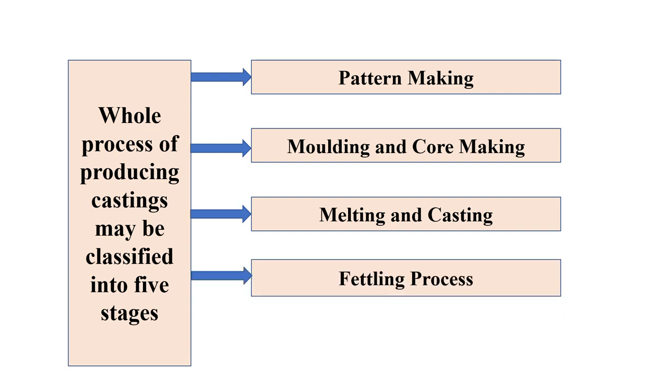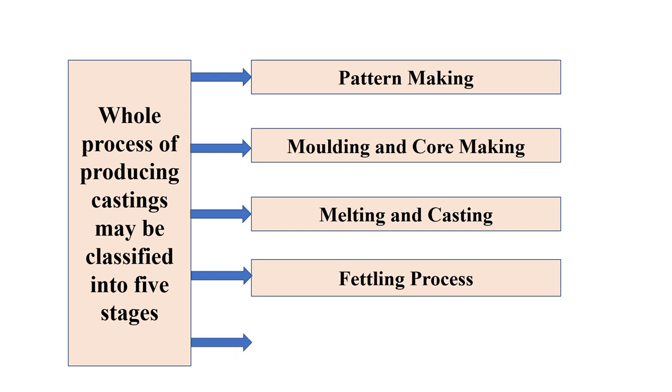Fettling process. The casting is not ready for immediate use in the application. So first some fettling process is required, in which unwanted parts like risers, ingates and runners that are attached to the casting are removed.